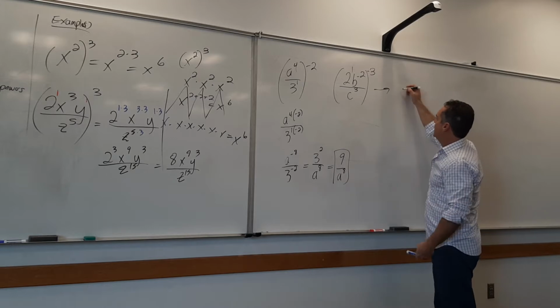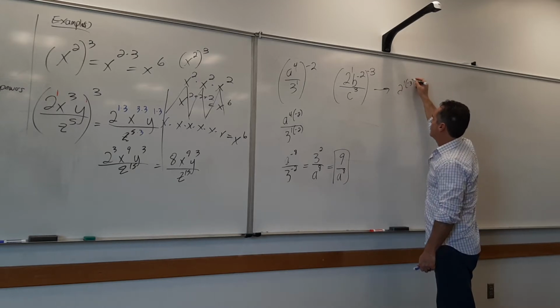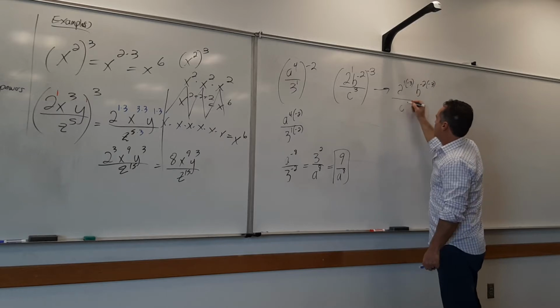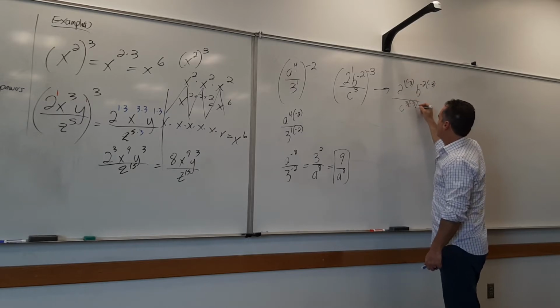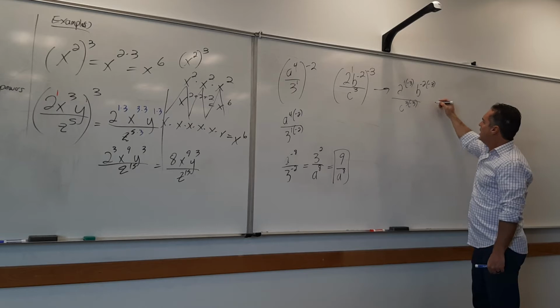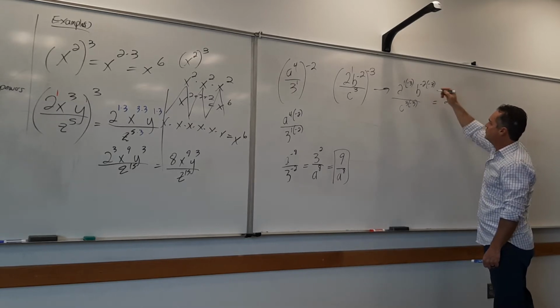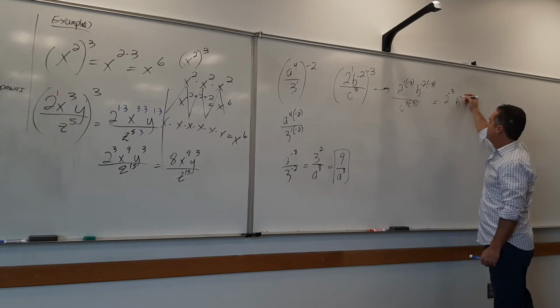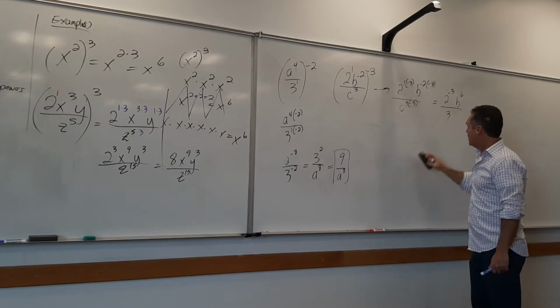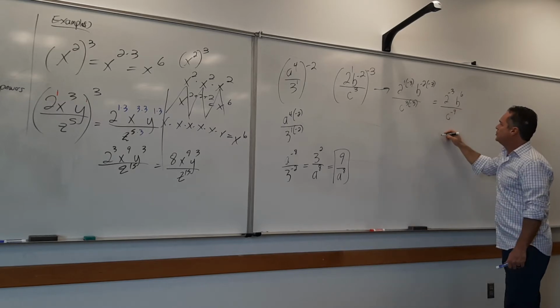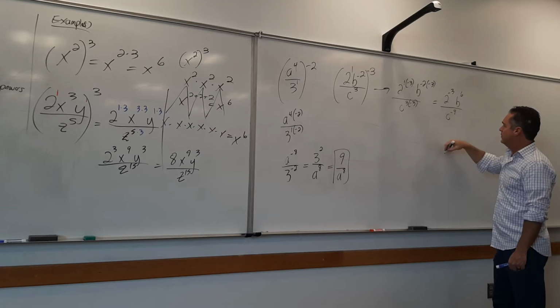This is going to be 2 to the 1 times negative 3, b to the negative 2 times negative 3, over c to the 3 times negative 3. Well, interestingly enough, 2 to the 1 times negative 3 is obviously 2 to the negative 3, but this one, the negative makes it positive. This becomes b to the positive 6th over c to the negative 9. 2 to the negative 3 is going to come down, okay?